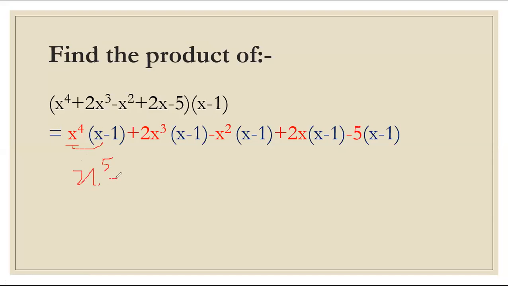Now the minus sign will be copied as it is, and x power 4 into 1. Okay, x power 4 into 1 is x power 4. Just like 2 ones are 2, in the same way, x power 4 ones are x power 4. Is it clear? Now, in the same way, we can multiply these terms with this bracket, then this term with the bracket. Let's see the solution, students.